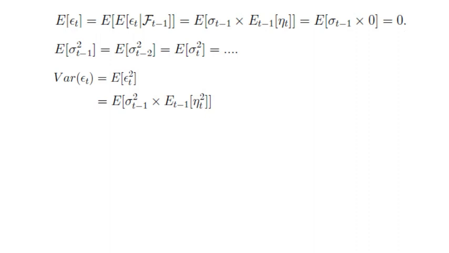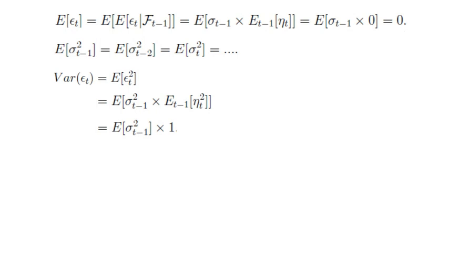Again, you see why we do that, because sigma squared t minus 1 is measurable as of time t minus 1, so it goes out of the conditional expectation operator. And second, the conditional expectation of eta t squared is simply 1. Therefore we found an intermediate result, which is that the variance of epsilon t is the expectation of sigma squared t minus 1.